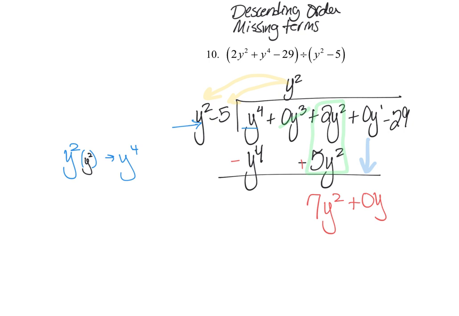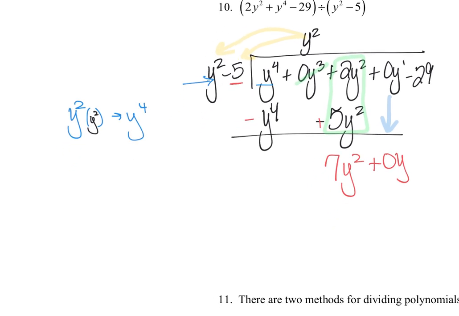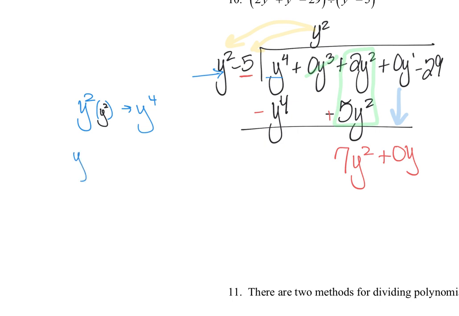Well, let's just see how it plays out. Probably because this 5 over here doesn't have a y on it, it won't really be necessary, but let's just see what happens. All right, so I have, like before, a y squared, and I need to know what do I multiply by to get 7y squared. Well, that just needs a 7.